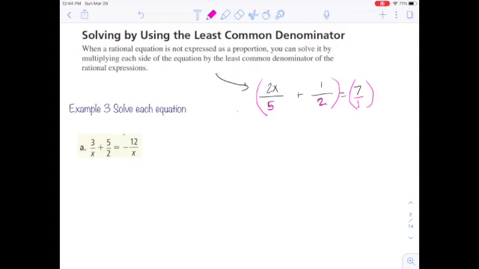So technically, you're going to multiply every single fraction on the left and on the right by that 10. So you're going to go 10 times, I'll add parentheses, times another 10, and that will actually cancel out all your fractions. So 10 over 1, see the 5 and the 10 will simplify to be 2 over 1. So 2 times 2x gives you 4x.